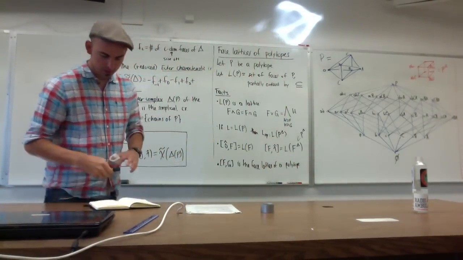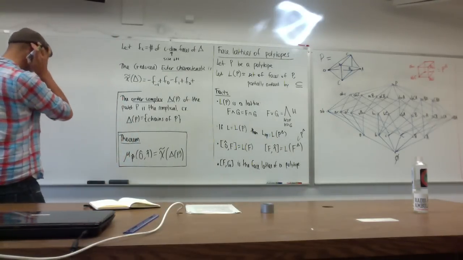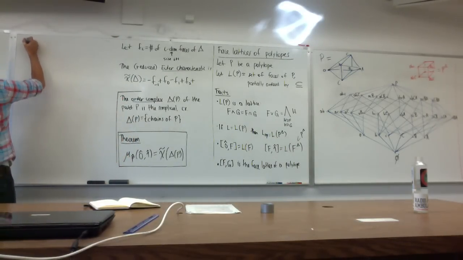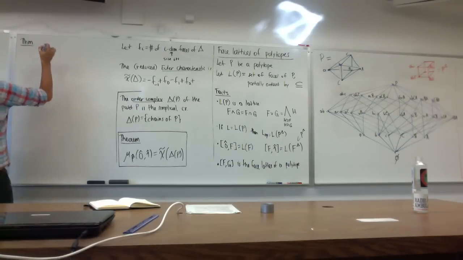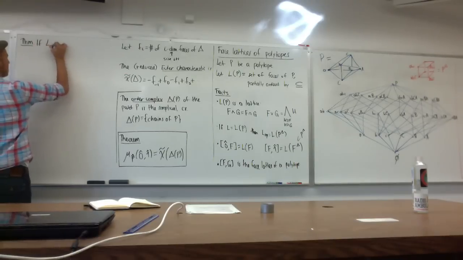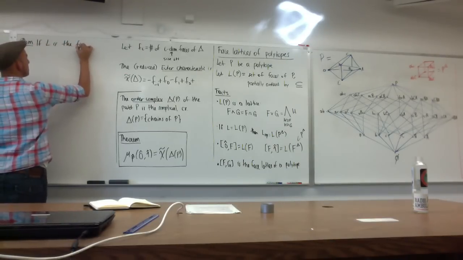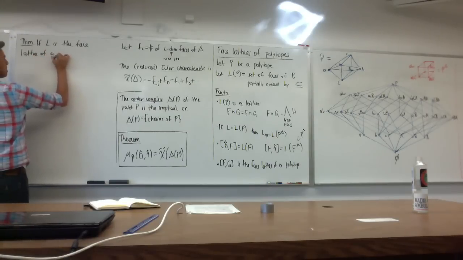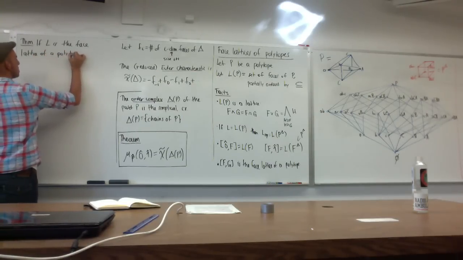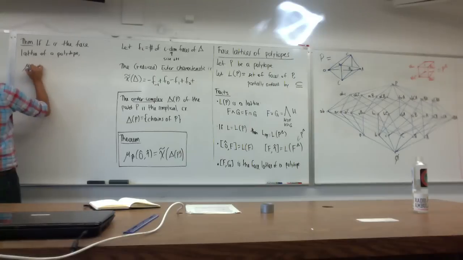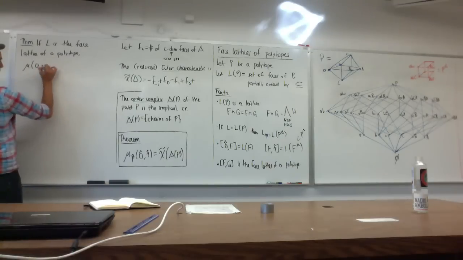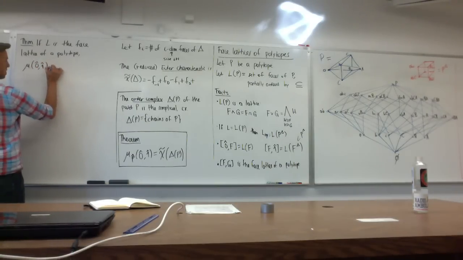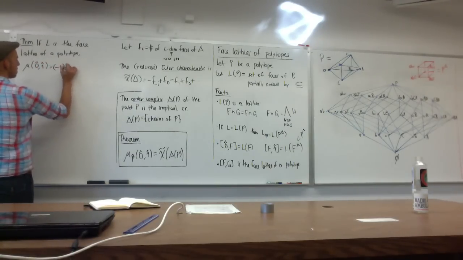So here's a theorem. If L is the face lattice of a polytope, then the Mobius number from 0 to 1 is (-1) to the dimension.